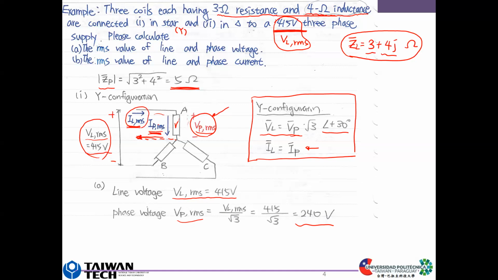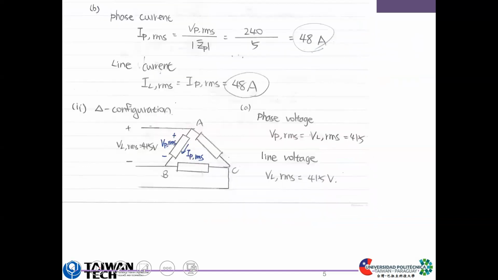So the phase current, IP RMS, just equals the phase voltage VP RMS divided by the amplitude of the impedance of the load. Once you find that, you are able to calculate this just as what I just did.